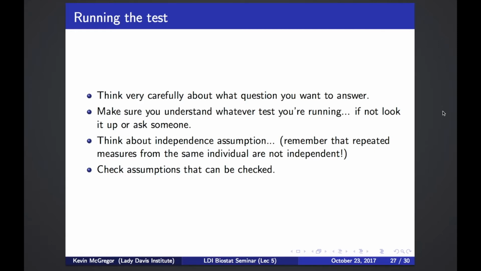So for example, if you're looking at your ANOVA and you don't think your variables are quite normally distributed, well, as I had mentioned, ANOVA is actually quite robust to departures from a normal distribution, so you could still sort of justify using an ANOVA. It's just you have to really think hard about all the assumptions that you're making every time you do a test.